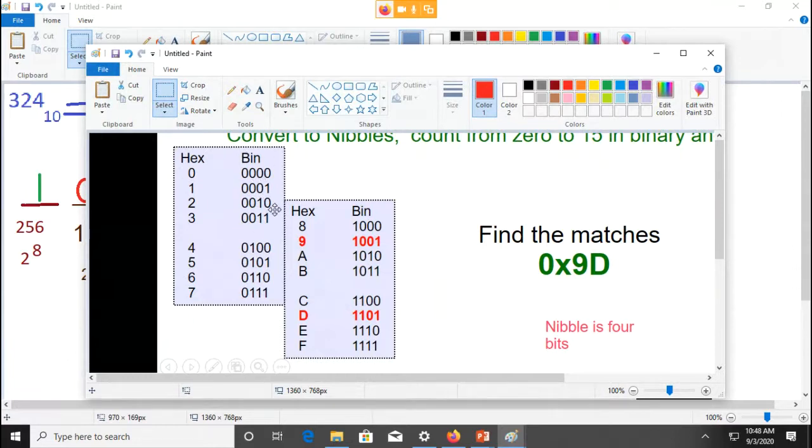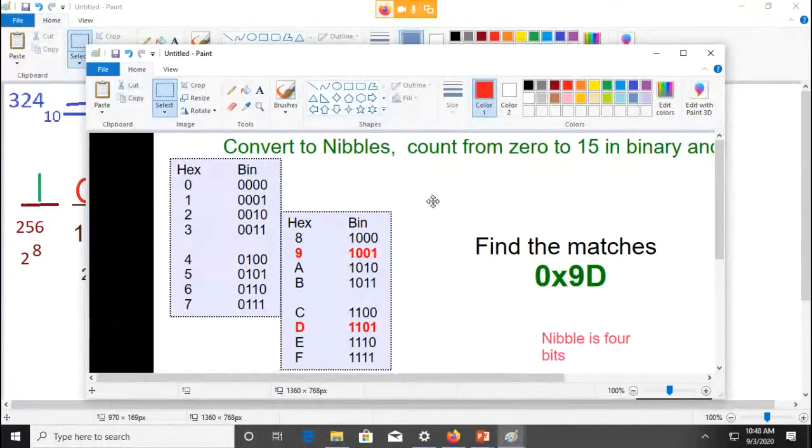But in hexadecimal, you have to use 4 bits, because hexadecimal has a one-to-one relationship with 4 bits in binary.